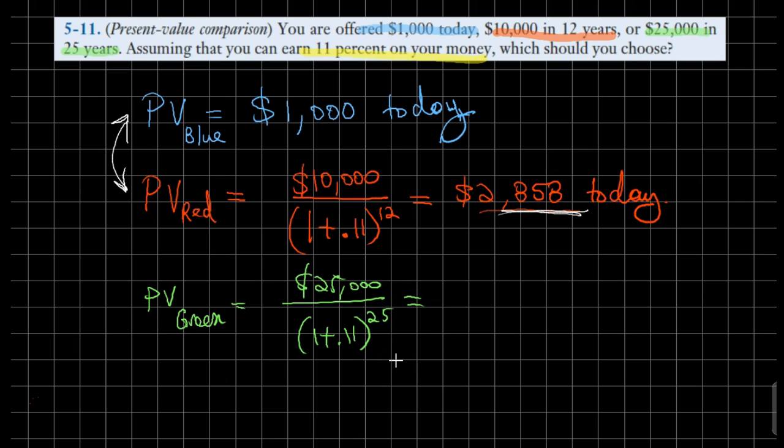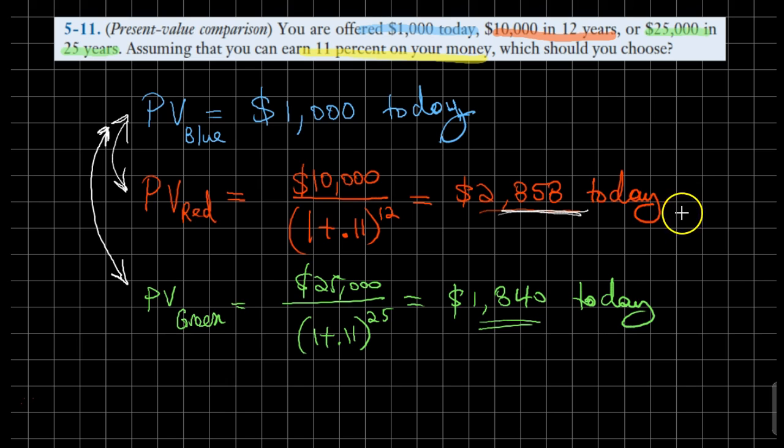The present value of this, with your financial calculator, will be equal to $1,840 in today's dollar terms. Now comparing simply the blue and the green, obviously the green is better. So both the green and the red investment outperform the blue investment.